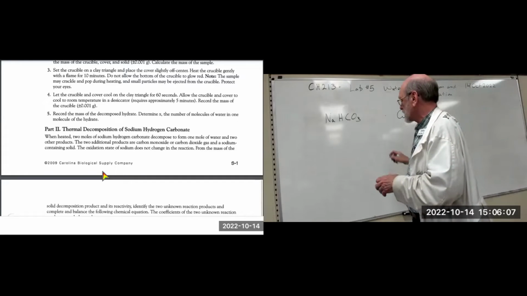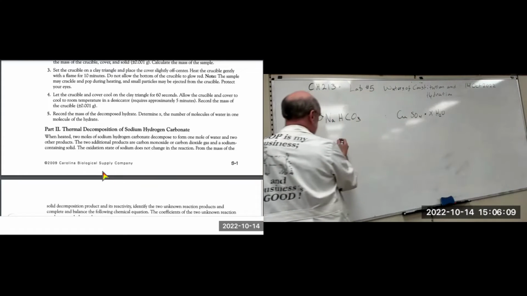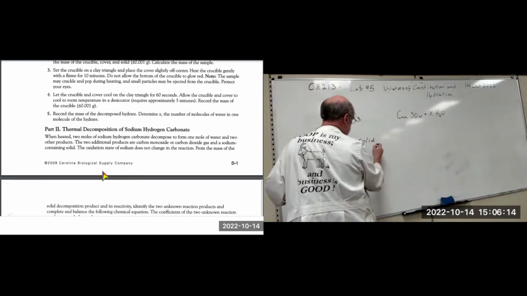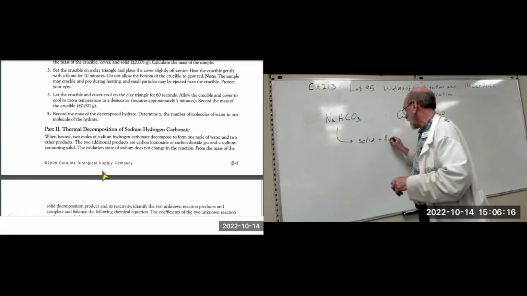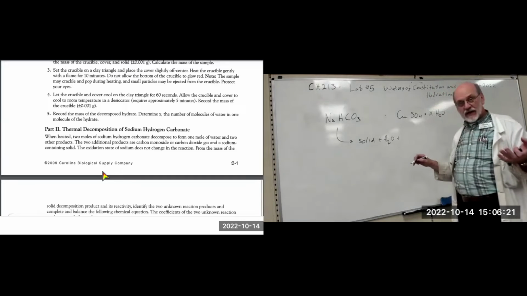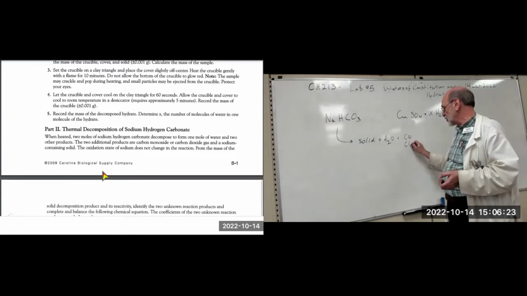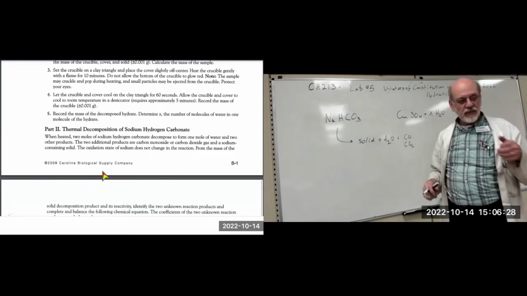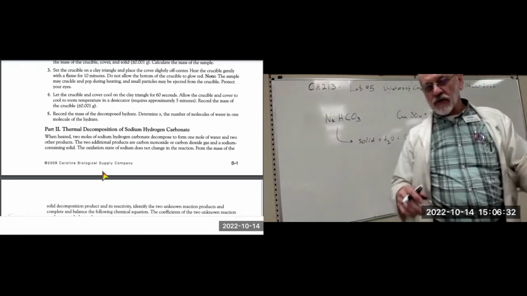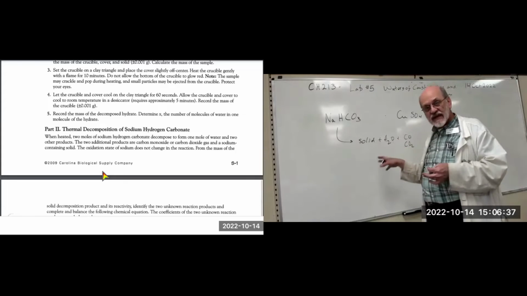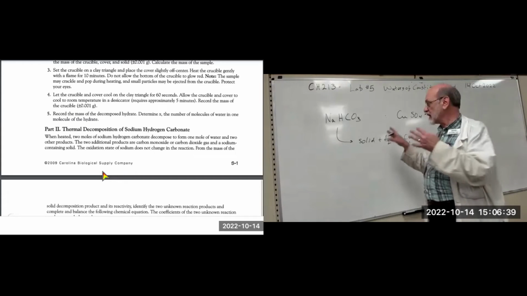So what we're looking at is when we heat this, it produces a solid and it produces water and something else. It could be this, it could be this, right? We don't know. That's why I put that discussion in there on those back pages, because it goes through the detective search for what could this possibly be that makes sense stoichiometrically.